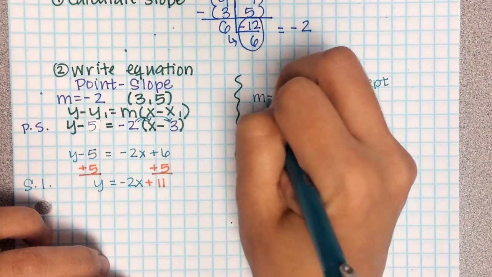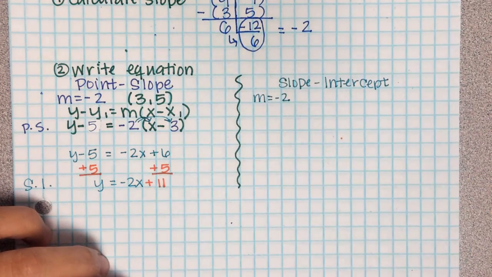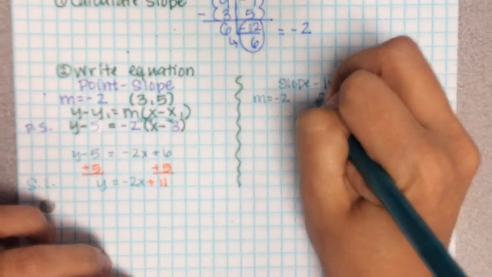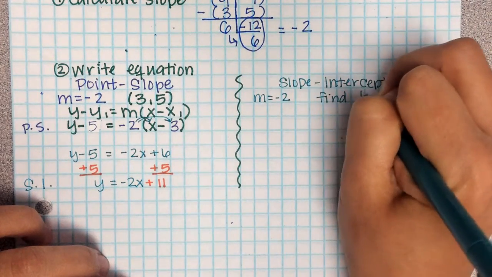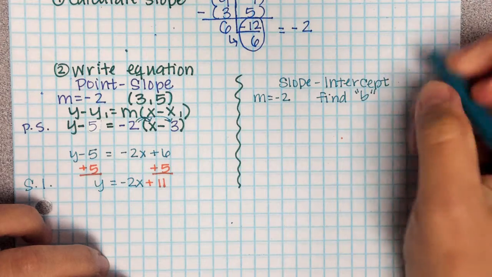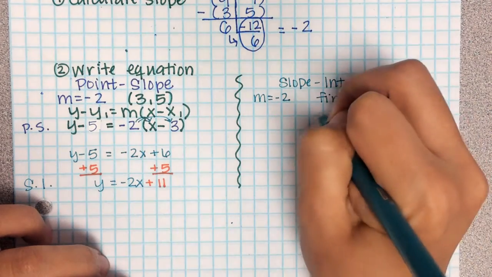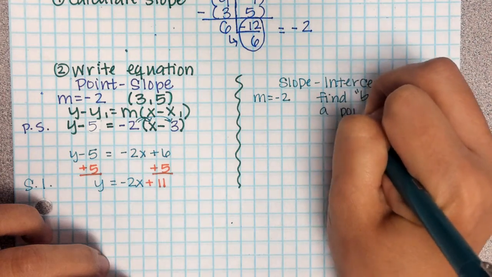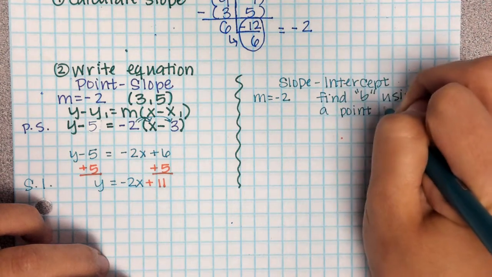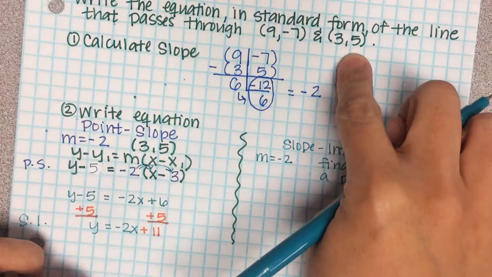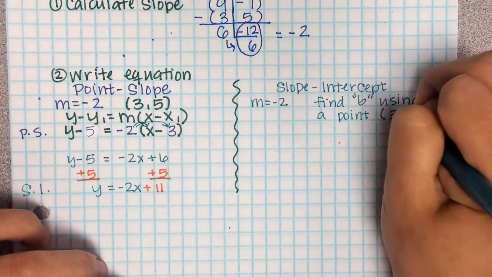So we have the slope. What we need to do is find b using a point. So again, I'm going to go with the (3, 5) because it's positive.